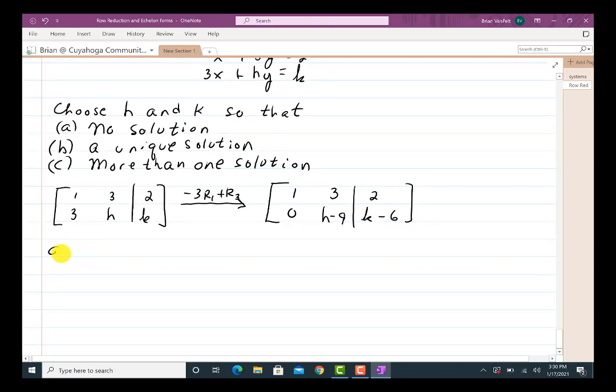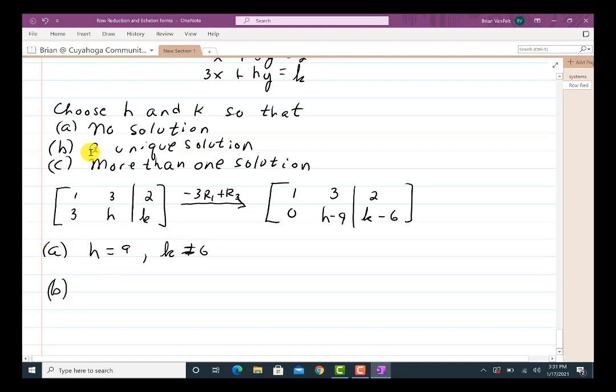Now let's start here. For no solution, the situation was when this entry was 0, but this entry was not. So if h was to equal 9, but k was to not equal 6, then I would have a 0 in this spot, but not a 0 there. So that takes care of part A. There's the no solution case.